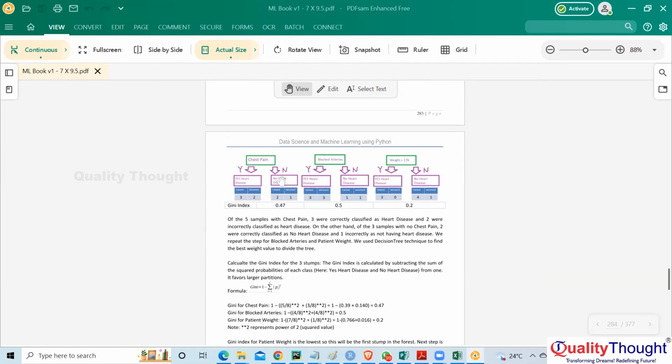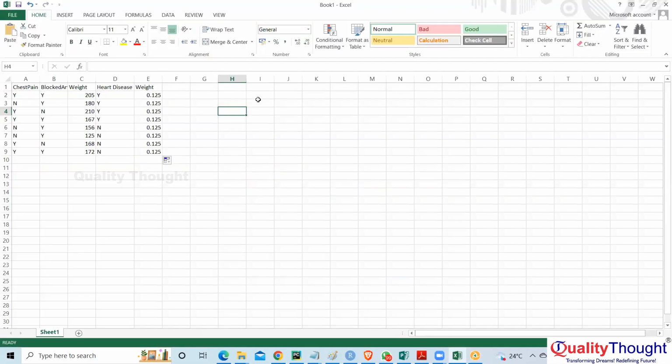So for chest pain, yes, disease. Now let's say if you have to predict only based on chest pain, or only based on blocked artery, or only based on weight, then what does it mean? If I have to predict only based on chest pain, and I am saying if you have chest pain, you will have disease, and if you do not have chest pain, you will not get this heart disease.